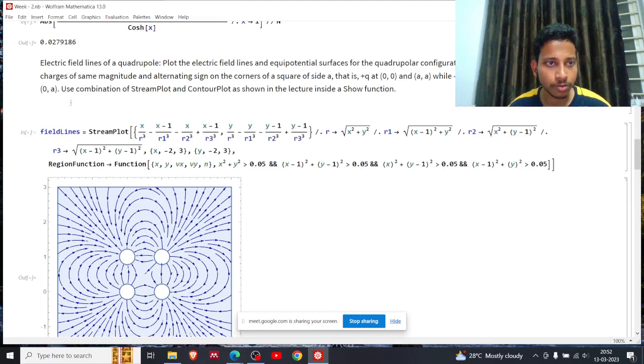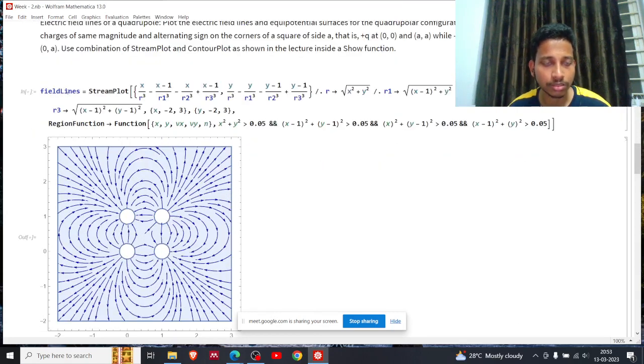Yes, so this is a problem of electric field lines of a quadrupole. Plot the electric field lines and equipotential surface of the quadrupolar configuration. Four charges of the same magnitude and alternating sign on the corners of a square of side A, that is plus q at 0, 0 and A, A, while minus q at A, 0 and 0, A. Now I have shown this for the dipole in the last class. Now it is for the quadrupole.